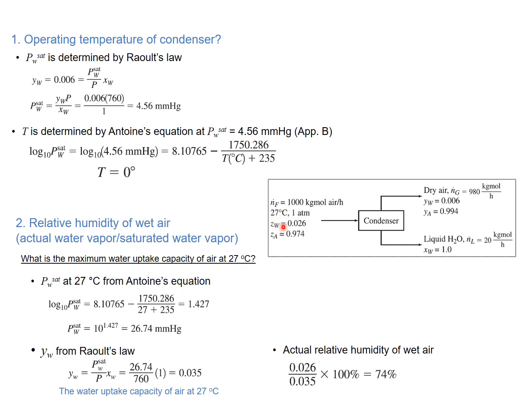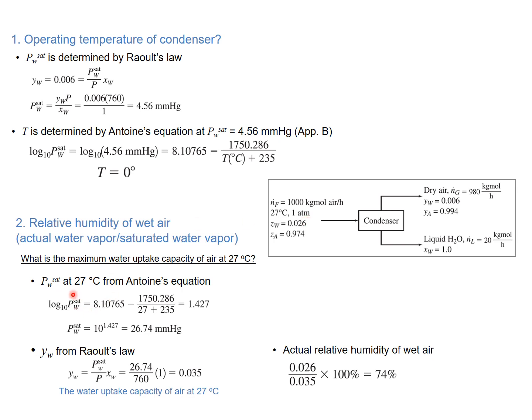Then we can calculate the relative humidity of this wet air, which is defined as the actual water vapor, 0.026 here, divided by saturated water vapor. So it is not the saturated situation. Let me calculate the amount of water in saturated air at 27 Celsius degree at 1 atm.